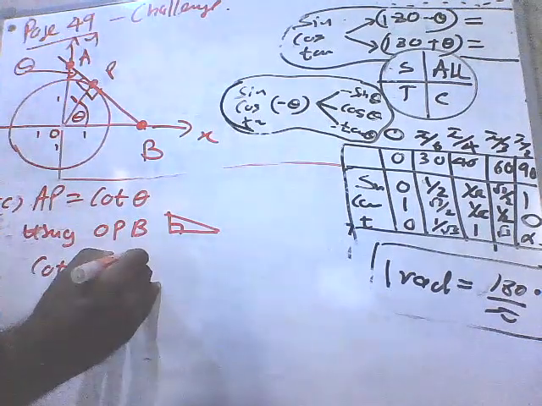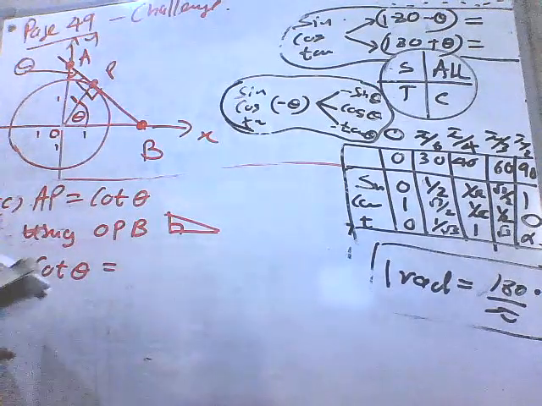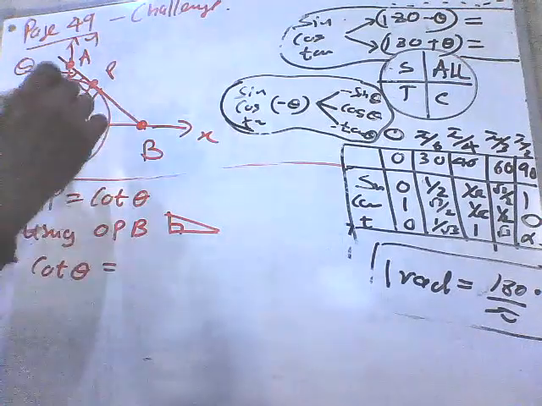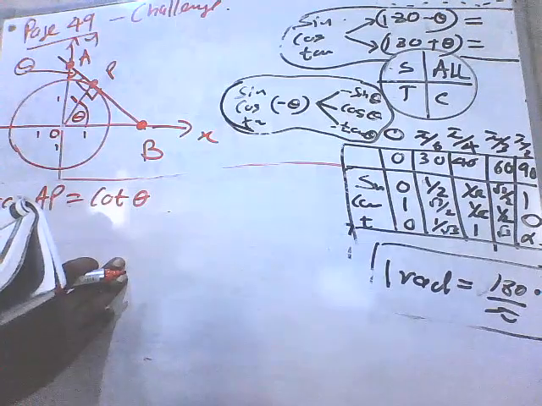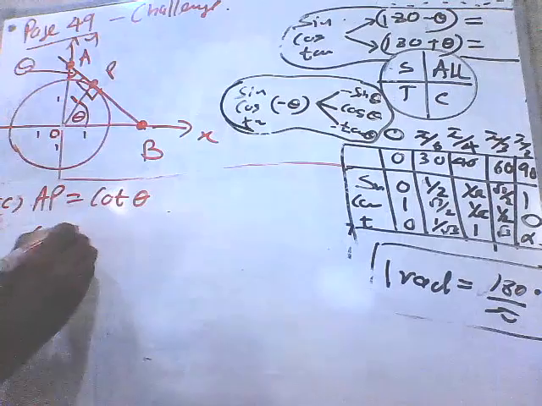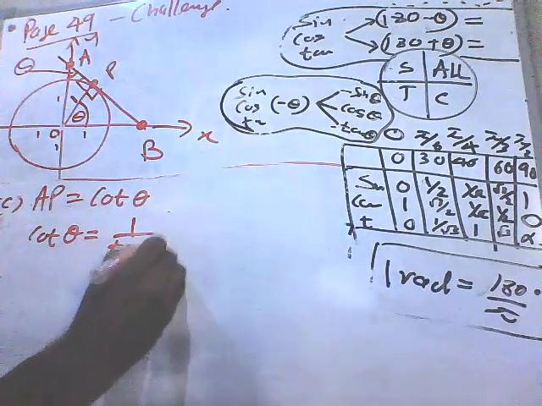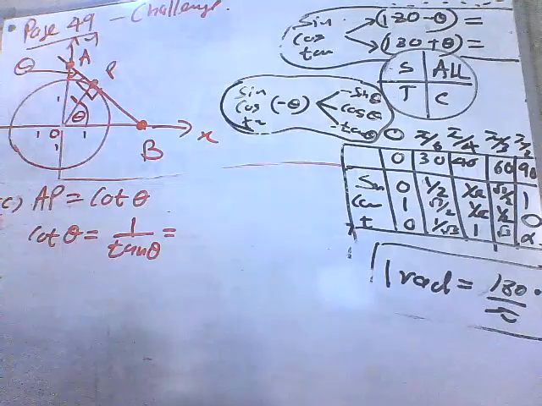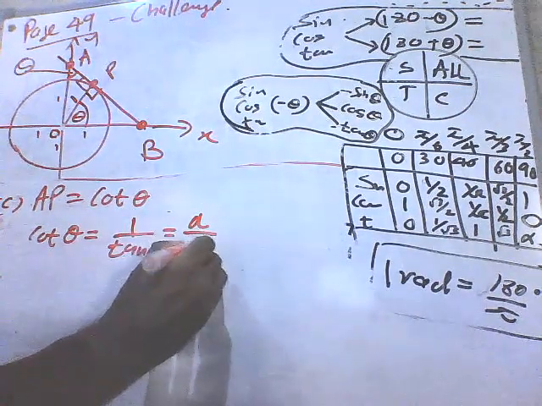There's an easy one, cot theta, you can write like we will do like this. Without using this triangle, we will use part A and part B. So cot theta is equal to 1 over tan theta, and that is equal to, here we'll say opposite over adjacent, so we can say adjacent over opposite.